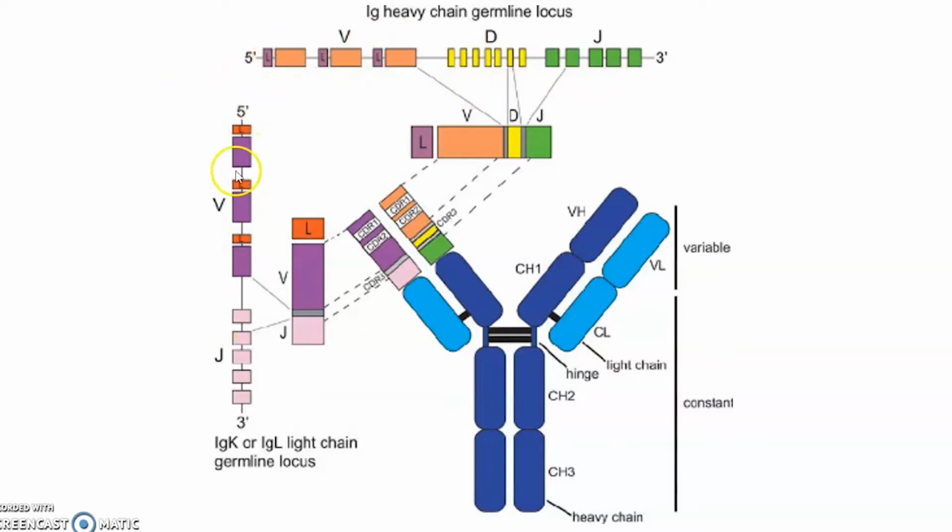So here's the variable domain of the heavy chain, right? And what they show is that the gene that encodes this protein is over here. And in the germline cell, the immature B cell that hasn't yet begun to make any antibodies, you have a region of that human genome which has several V gene segments, followed by several more D gene segments, followed by several more J gene segments.